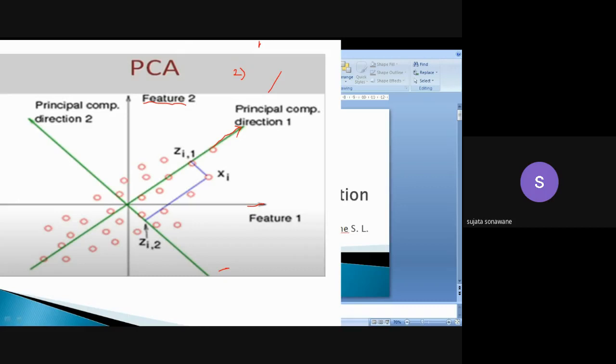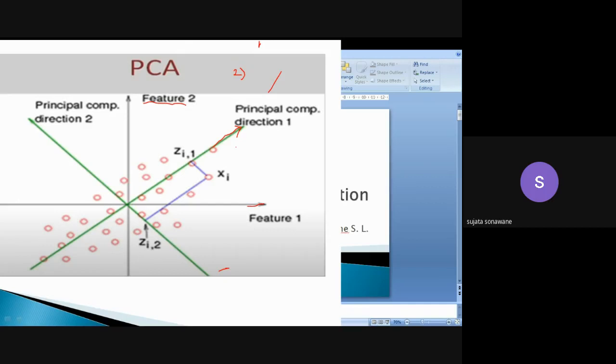After plotting this, we have to find the second principal component. How will we select it, how will we choose the second principal component?